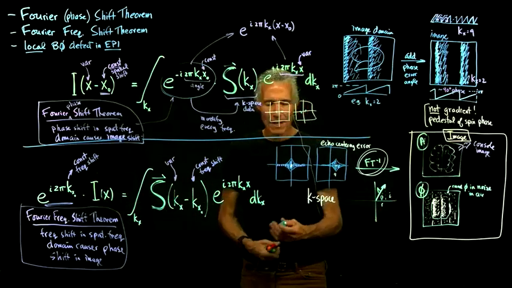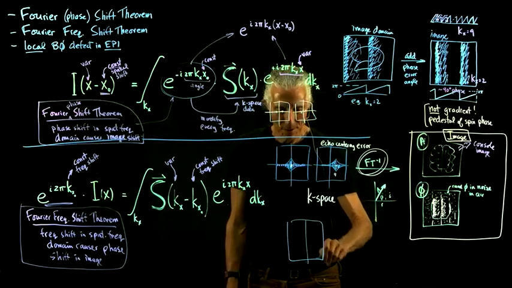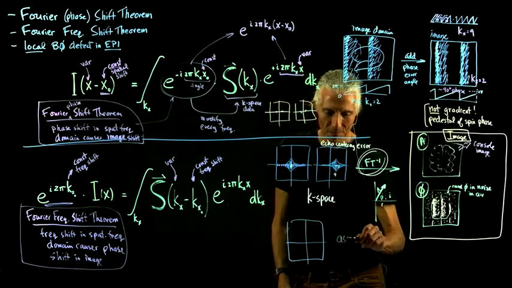In fact, there's a pulse sequence called asymmetric spin echo.